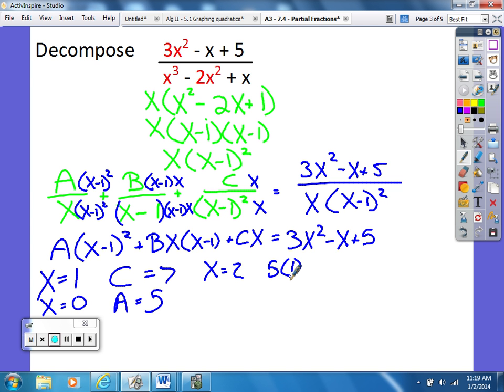Everybody understand that so far? Okay, I plugged in my 5, and I plugged in 2. That's all I've got so far. Plus B, because I don't know what B is, right? But what did we just say x was going to be? So 2 times, what's 2 minus 1? 1. And 2 times 1 is?